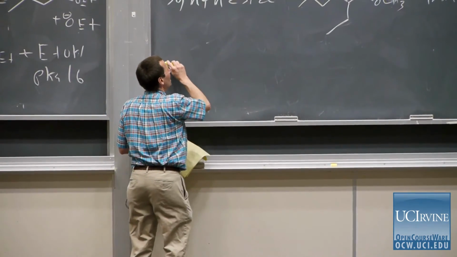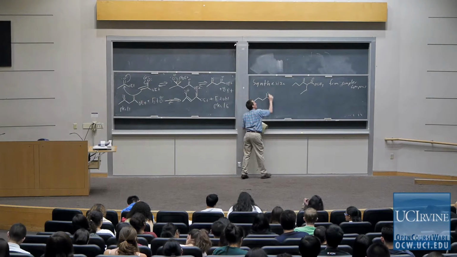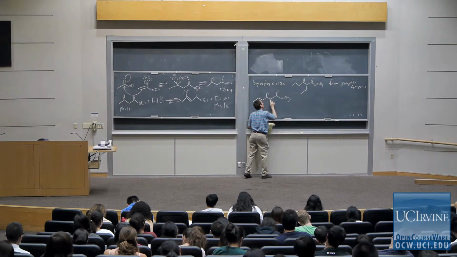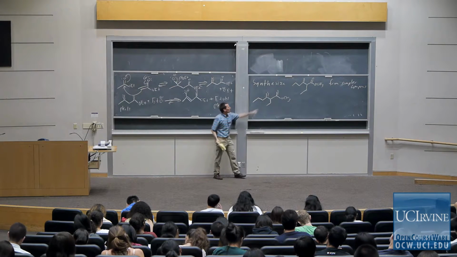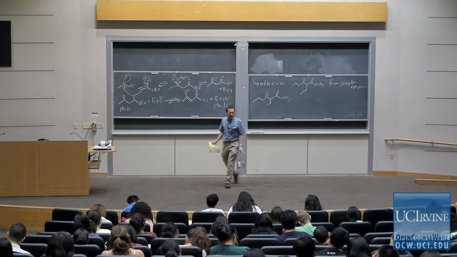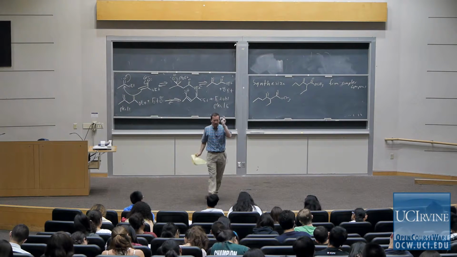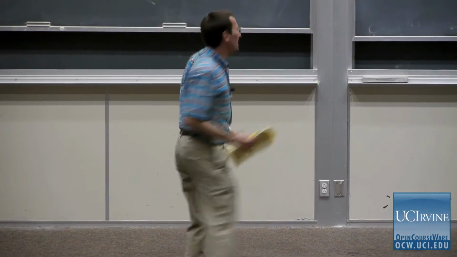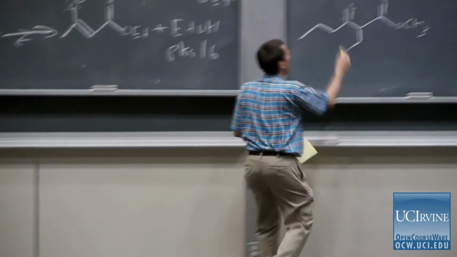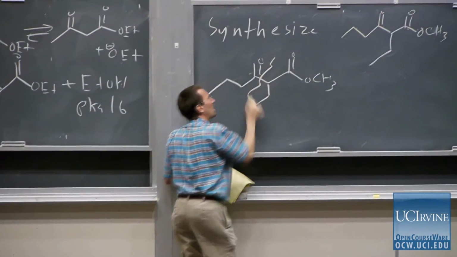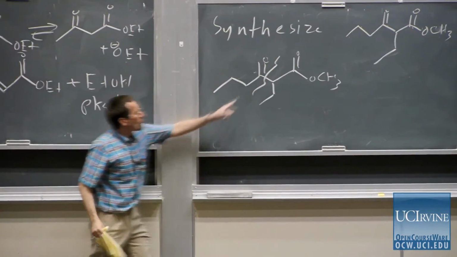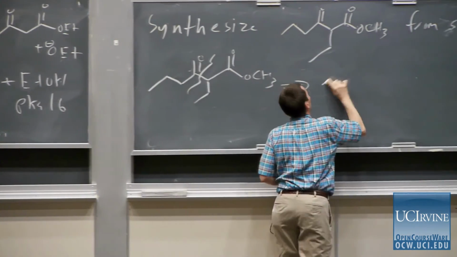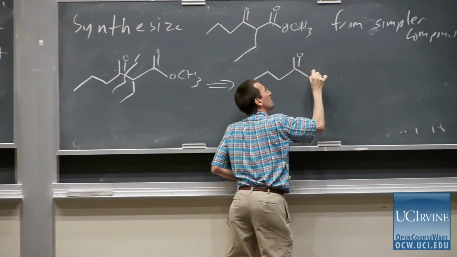All right, so I look at this compound and I say, all right, we've now learned a new retrosynthetic clue, that when we see a beta dicarbonyl compound, we can cleave the bond between the alpha carbon and one of the carbonyls in a Claisen type reaction. So I look at this molecule and say, retrosynthetically, I'm going to split it back to this.